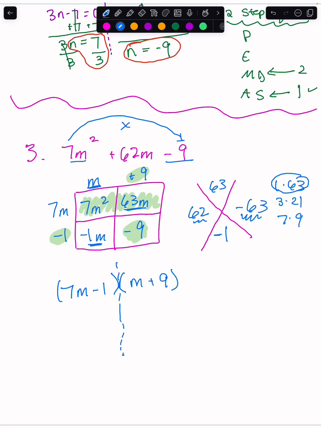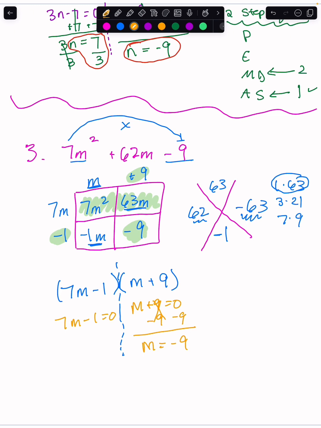So I got to make m plus 9 equals 0. And then I got to do 7m minus 1 equals 0. So m plus 9 equals 0. 7m minus 1 equals 0. So I got to subtract 9 from both sides. That's the easy one. So I'm going to do m equals -9.